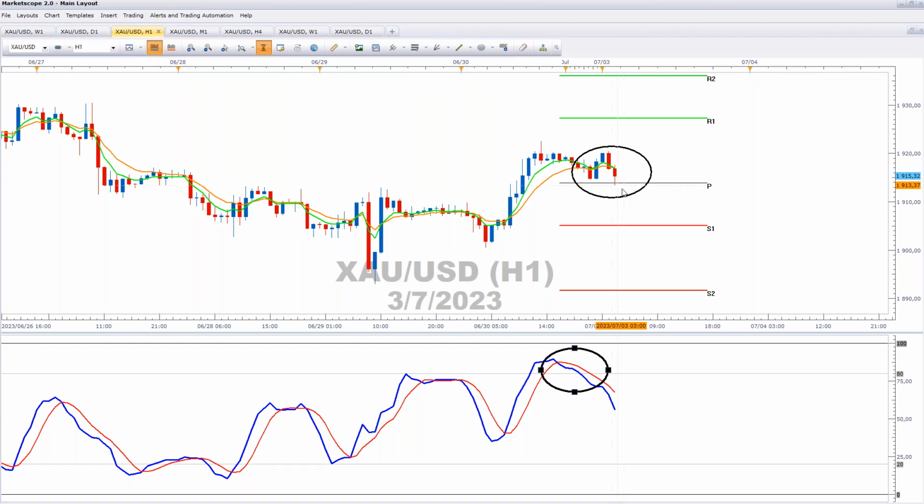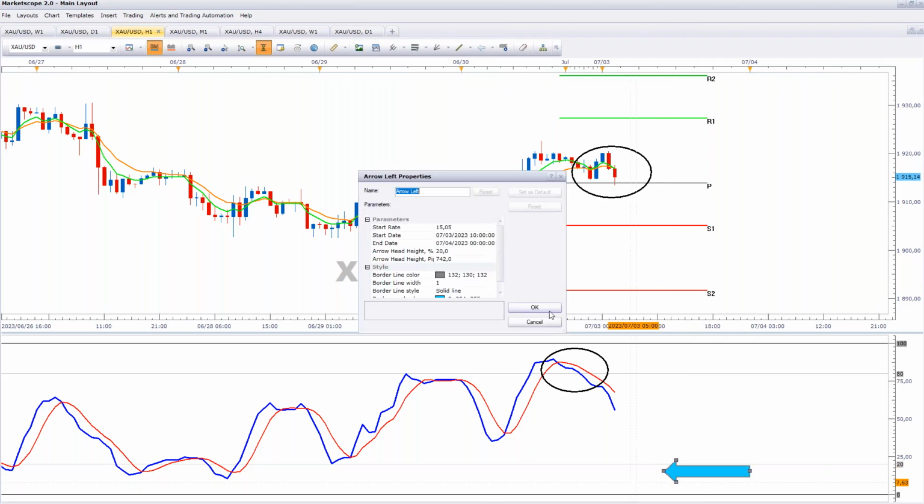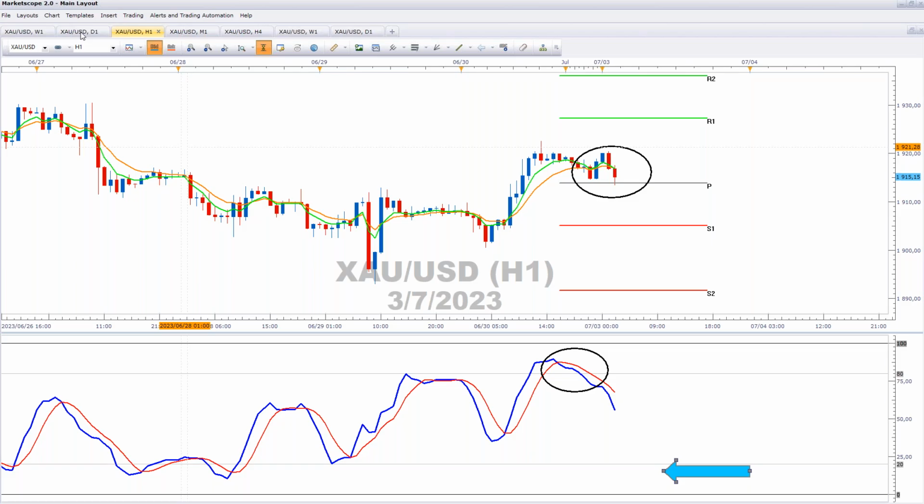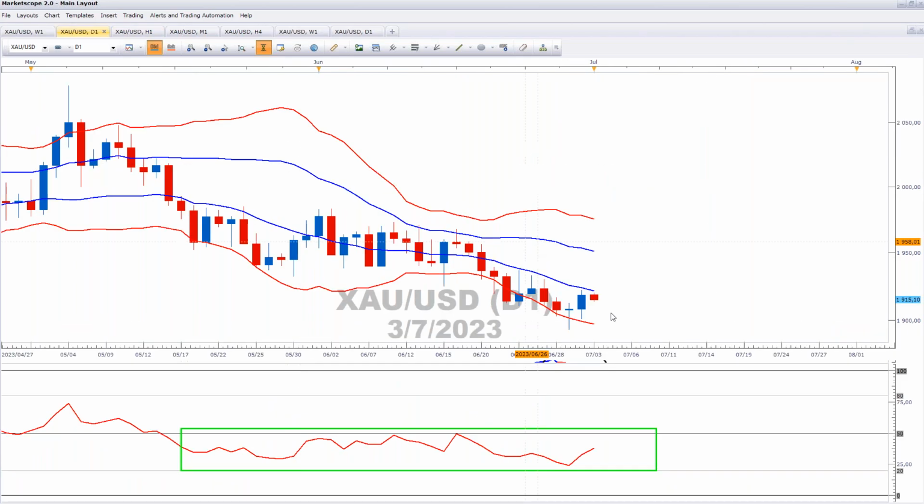So we need the EMAs to show angle and separation to the downside. We need the stochastic to move to the downside and hit 20 minus. And if it hits 20 minus and holds, then potentially gold is heading south, which, out of all of the instruments we've looked at this morning, is the one that's probably got the heaviest bearish weight on it.